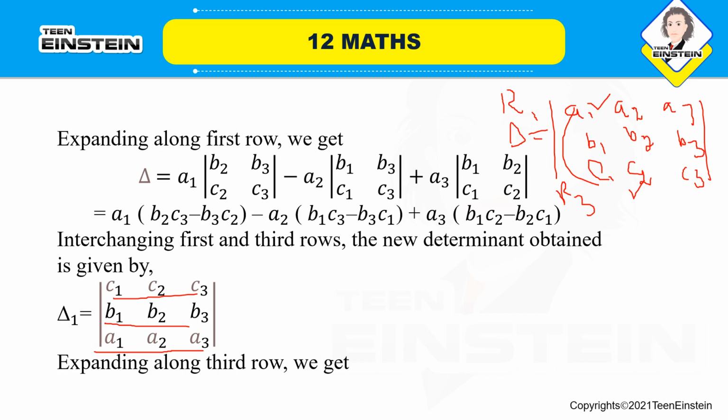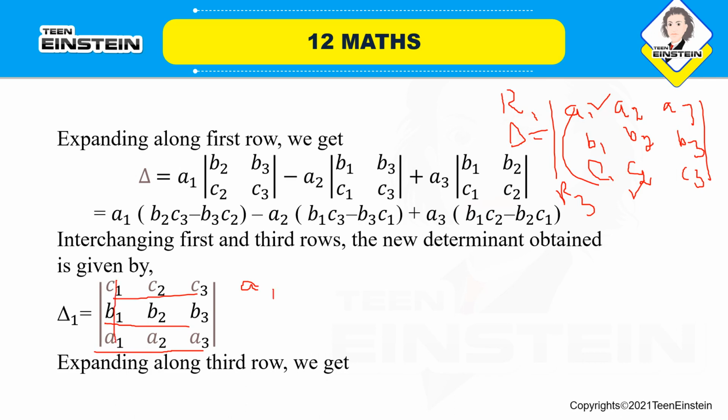Now I am going to expand this determinant along the third row. Why are we expanding along the third row? Because in delta we have the values A1, A2, A3, right? So to get this, we are expanding this determinant along the third row. In the third row, the first element is A1.